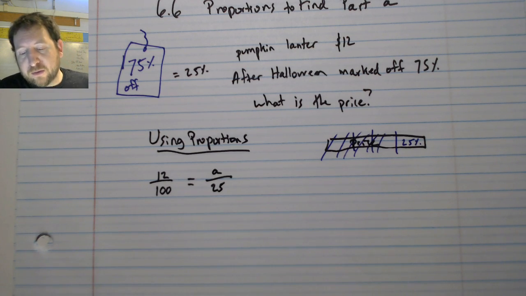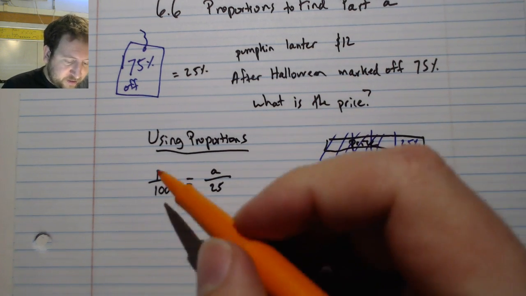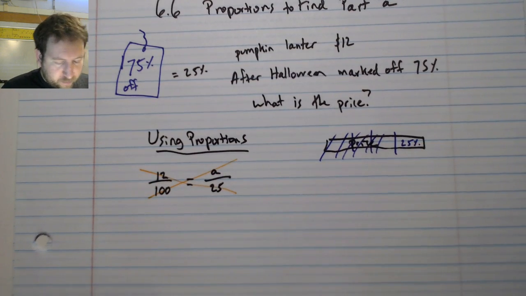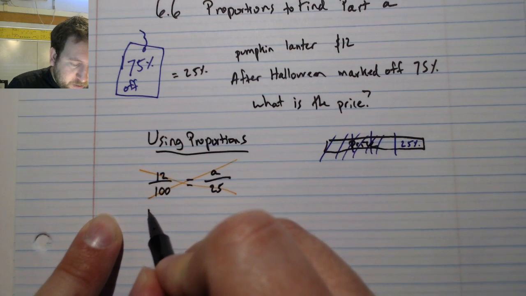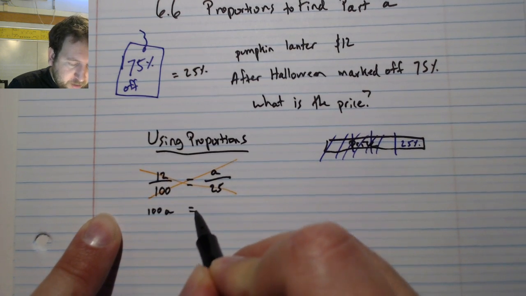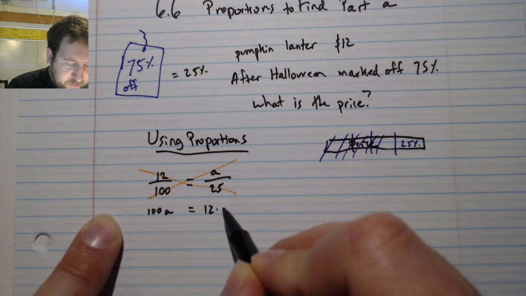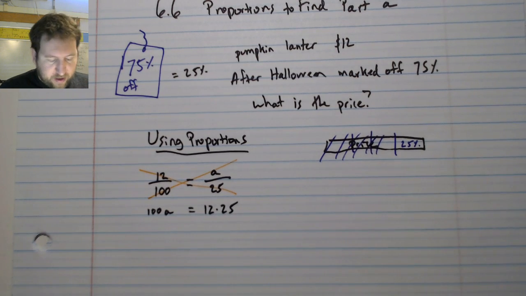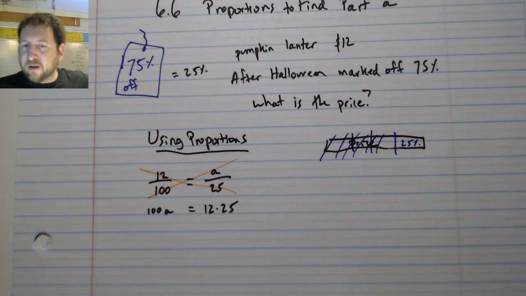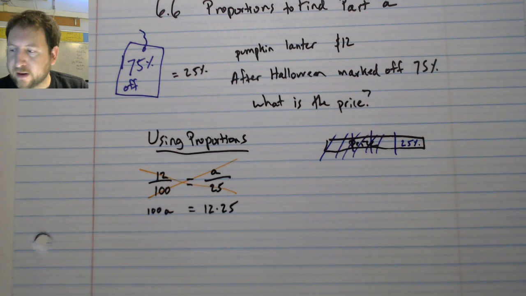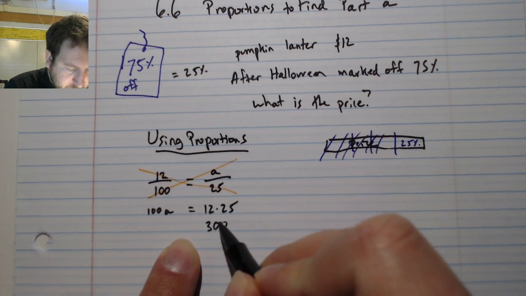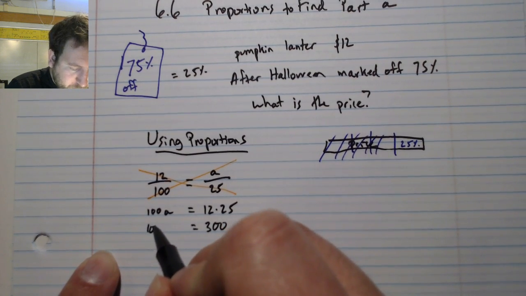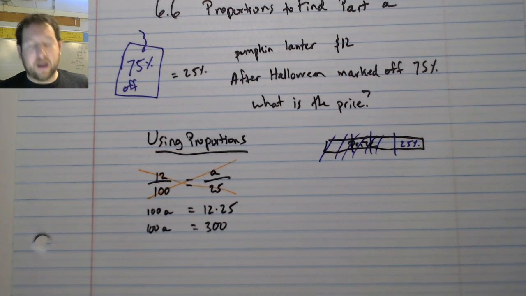Now, of course, once we've got our two sides set up like this, all we need to do is a little bit of cross multiplication. So I'm going to get 100A equals 12 times 25. And for that 12 times 25, I'm just going to use my little calculator. 12 times 25 is going to give me 300 equals 100A.